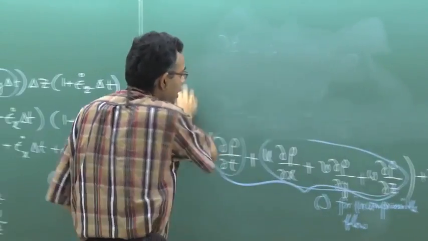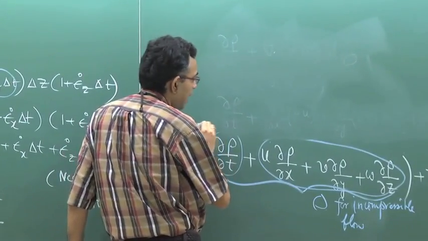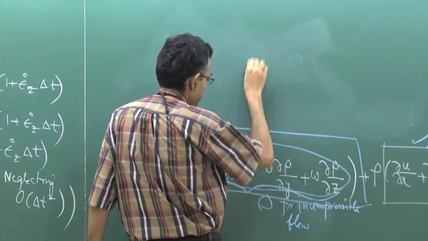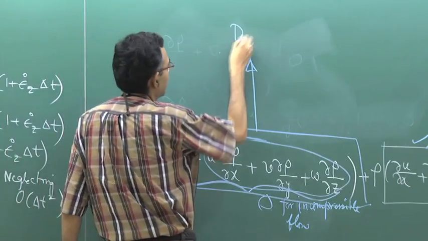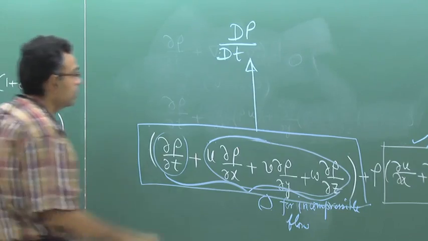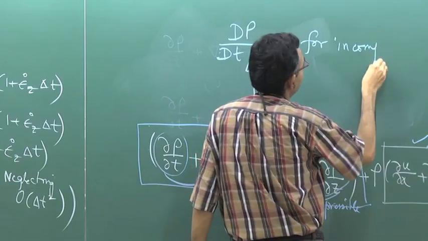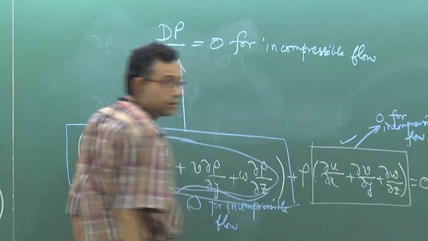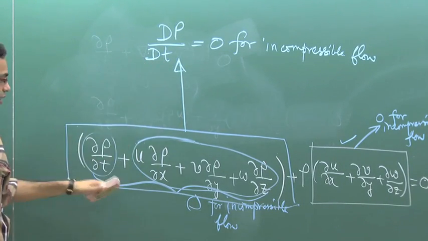Finally, we will give a mathematical perspective to this constraint. If you write this particular term in shorthand notation, you can write that this is the total derivative.